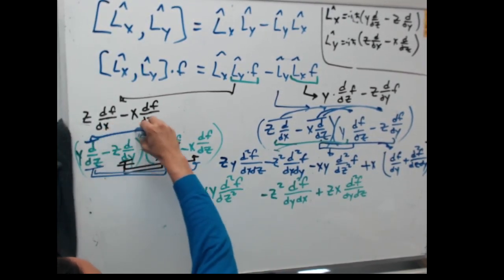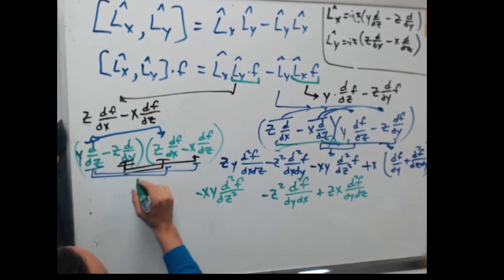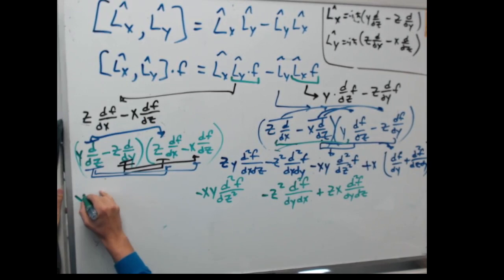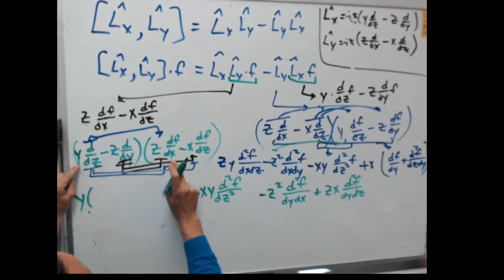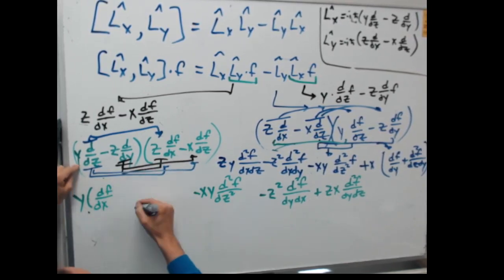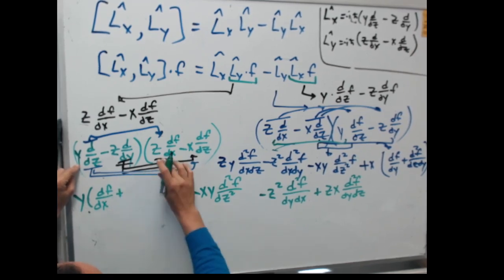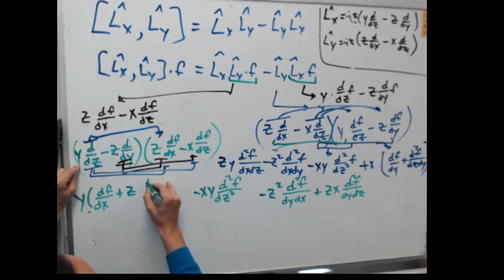And now for this first one, here, I'll do it up here. For this one, chain rule, or product rule. Right, so this one, I'm going to have y times derivative of the first times the second is going to be d dx of f plus first times the second, which is going to be a d dz dx of f.